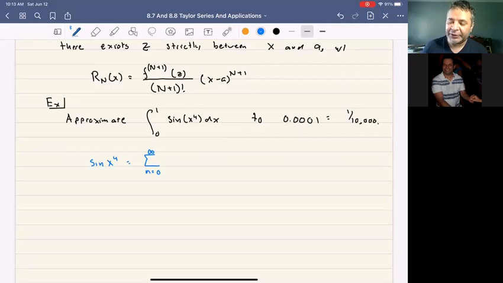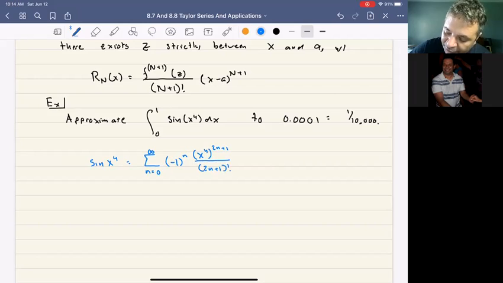So sine of x to the fourth is going to be the sum of negative 1 to the n, x to the fourth raised to the 2n plus 1 over 2n plus 1 factorial, where we're using the Taylor series for sine of theta.